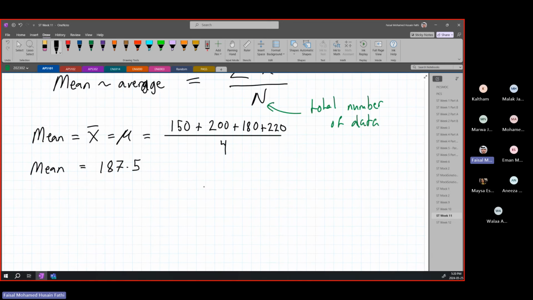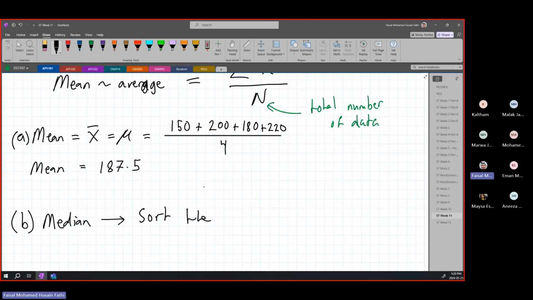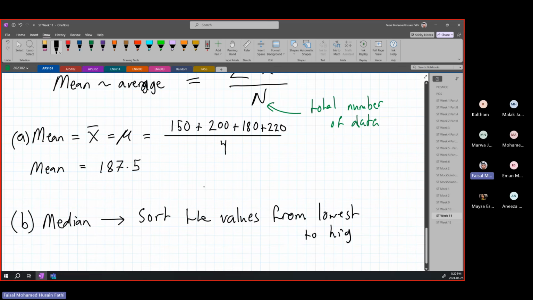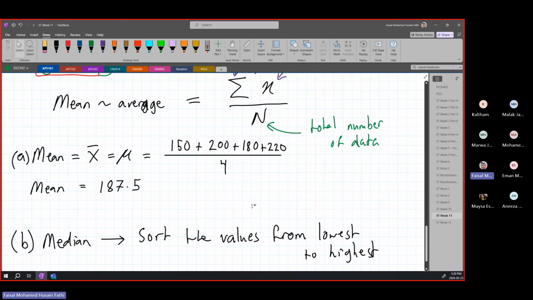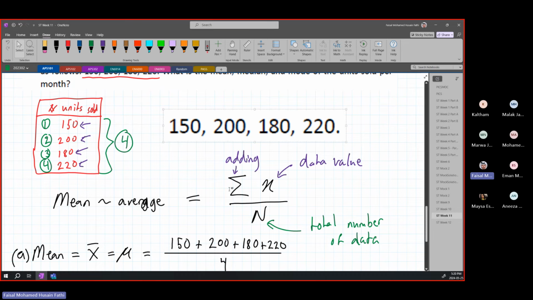What about the median? So this was the first part, part A, the mean, part B, the median. When it comes to raw data, the first thing you need to do is sort the values from lowest to highest. Okay, this is the first thing you will do when it comes to the median.